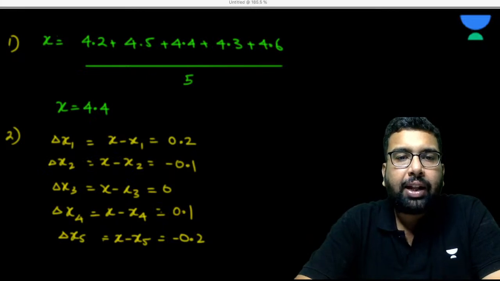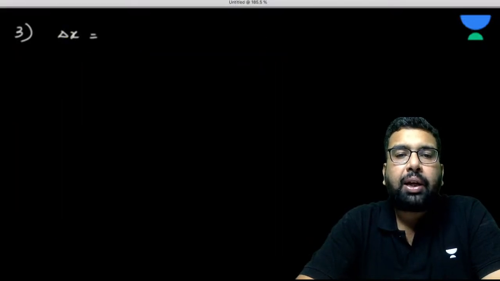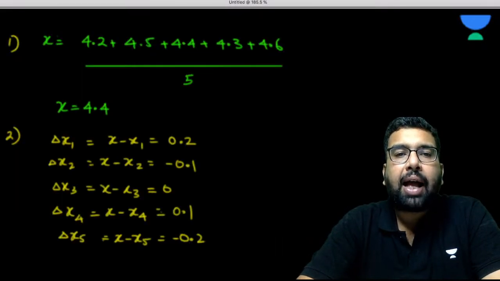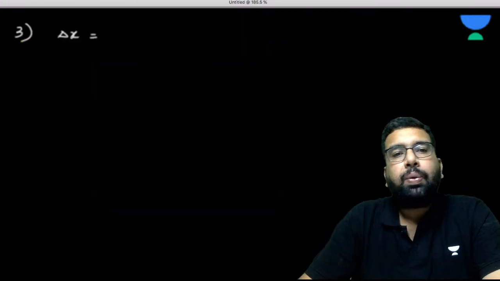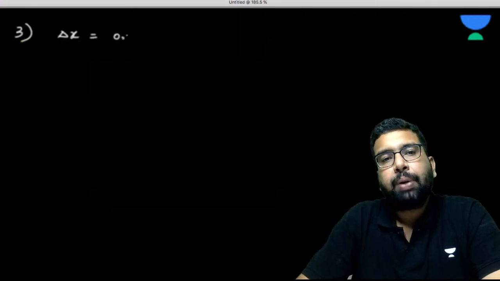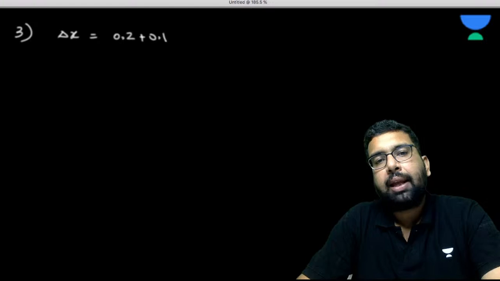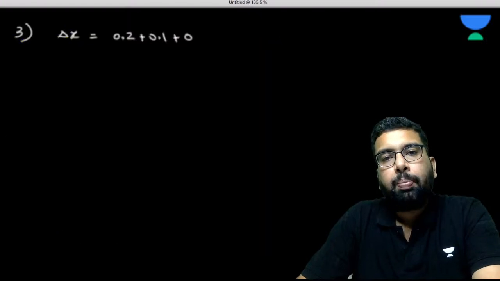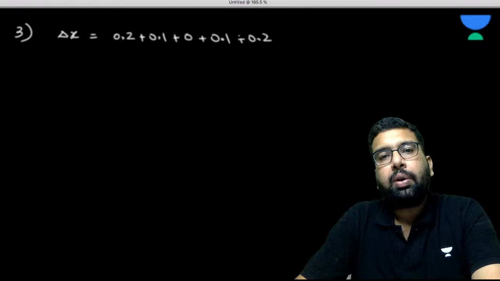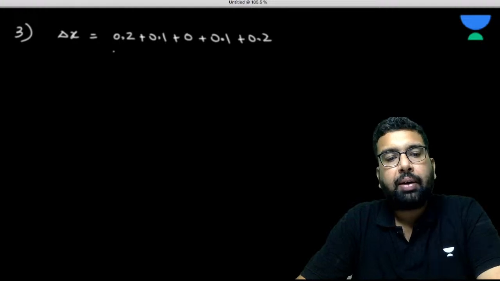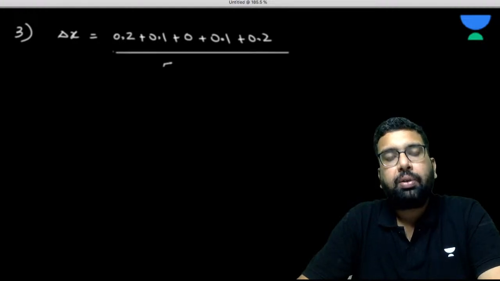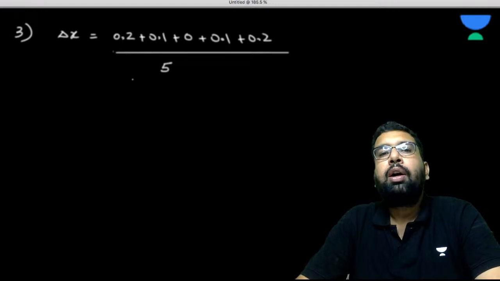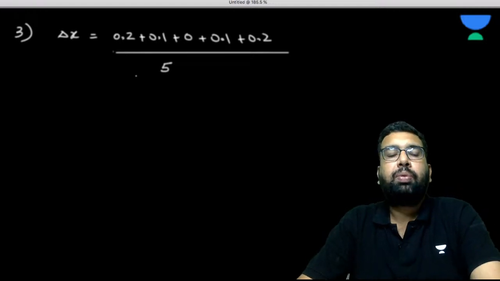So we have 0.2 plus 0.1 plus 0 plus 0.1 plus 0.2, and this is going to be divided by what? How many measurements were there? 5 measurements were there. So what are we getting from here?